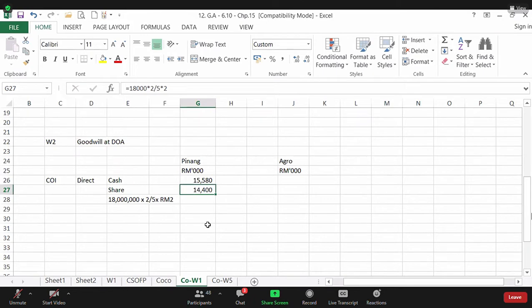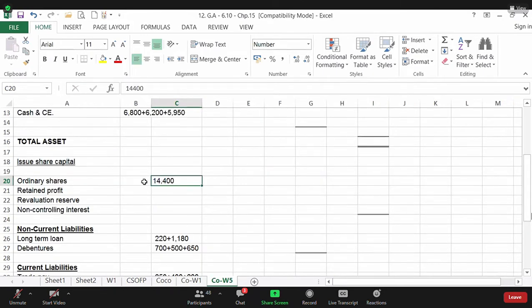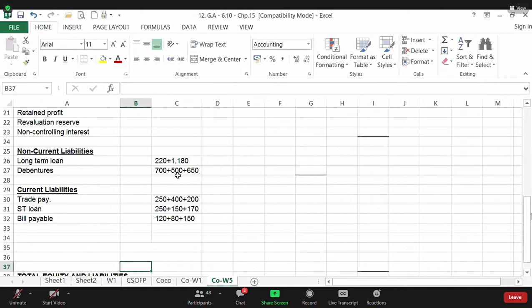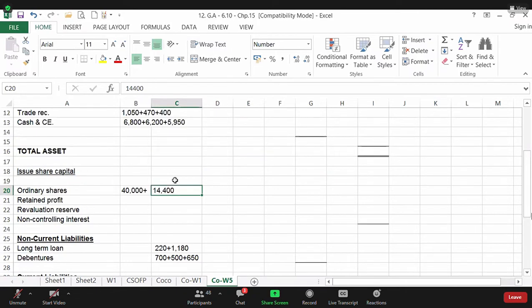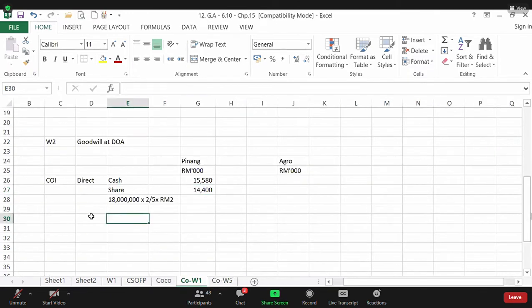Before that, the company already has existing by the parents about 40 million. So 40 million plus 14.4 is for ordinary share because it was not recorded. So debit here, credit here. Okay, so settle for direct one.